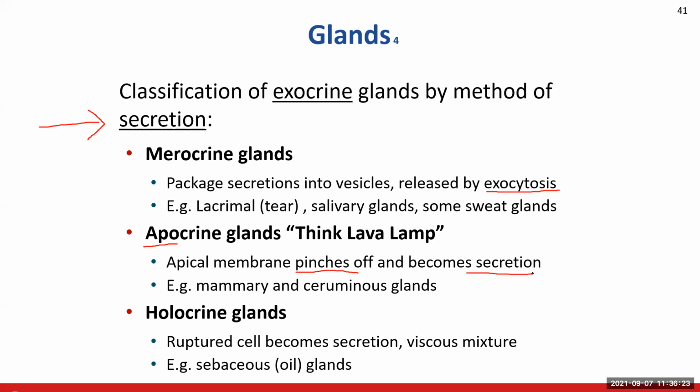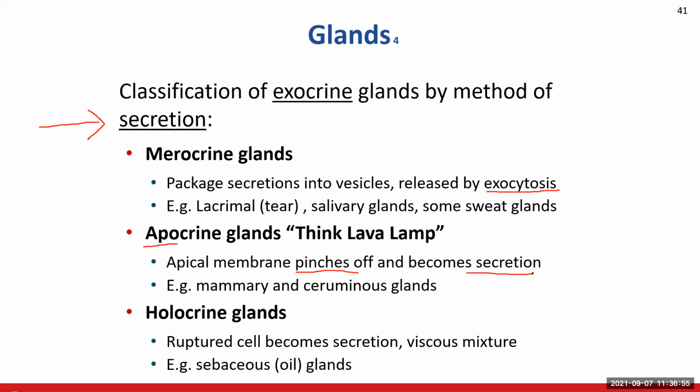So if you think about it, what's in the plasma membrane? Proteins and fat, right? Phospholipids, cholesterol, all that. Whatever's in the plasma membrane is going to be in our secretion. So the secretion for these types of glands is going to be a little bit thicker. Okay, so you're going to see this type of gland in our mammary and our ceruminous glands. And that's going to be found in your ears.